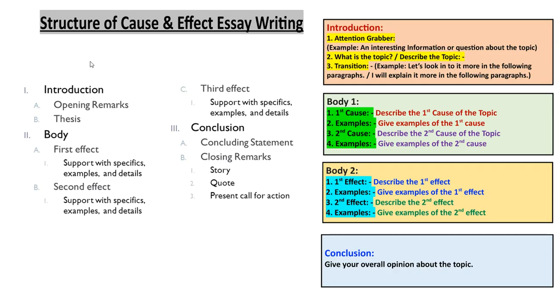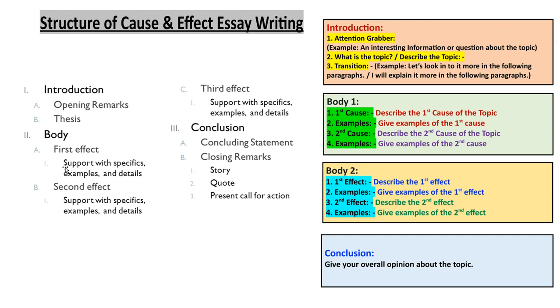Okay, generally the structure of cause and effect writing is divided into three parts: introduction, body, and conclusion. Here, in the body, the first effect, second effect and third effect. Every paragraph gives the reflection of the cause.